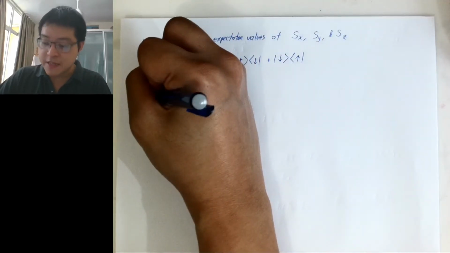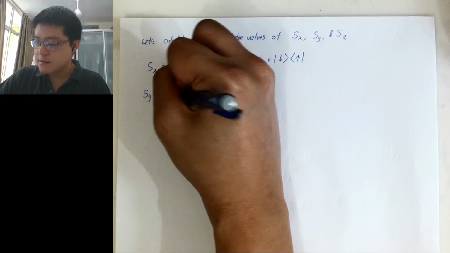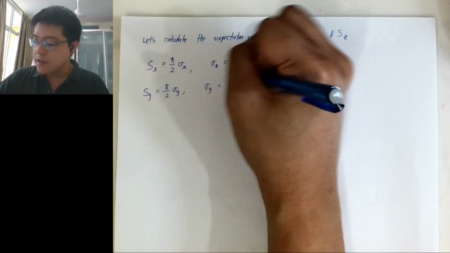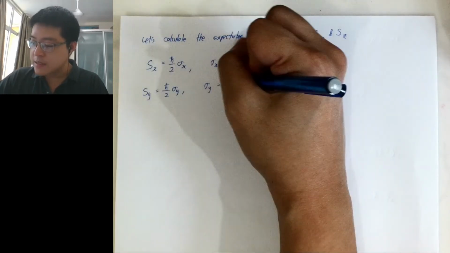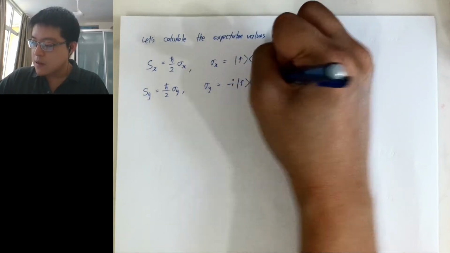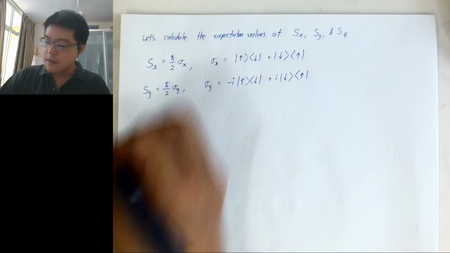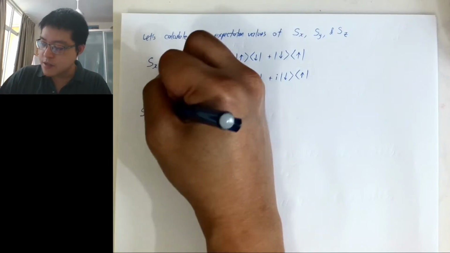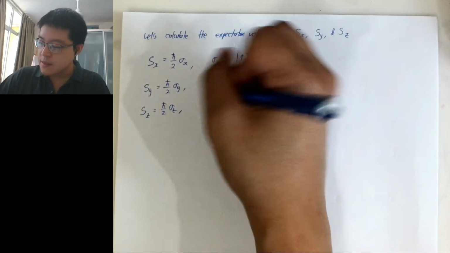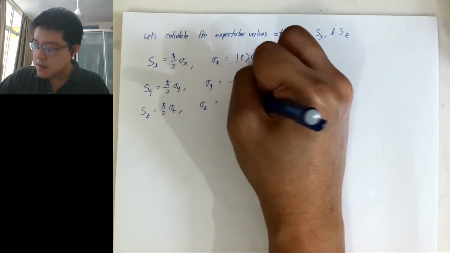It's just more fun to play with bras and kets, right? For sigma y, it is the same but with the i. So one of them is minus i, one of them is plus i. Okay, and then as for the z direction, h bar over 2 sigma z, sigma z is equal to up up minus down down, right?